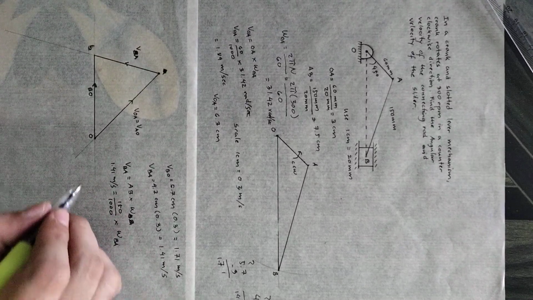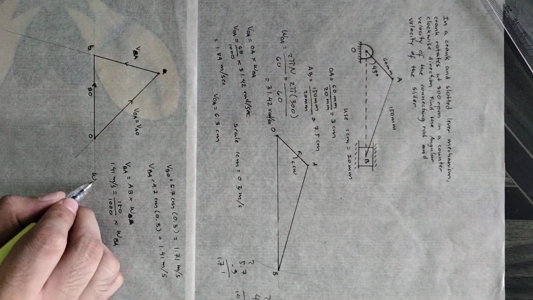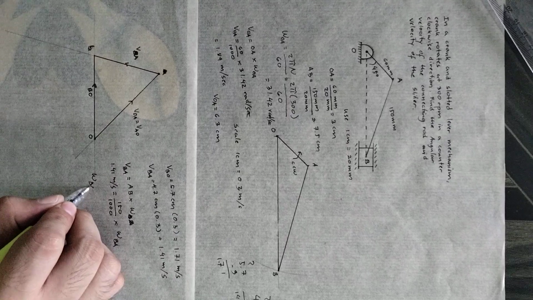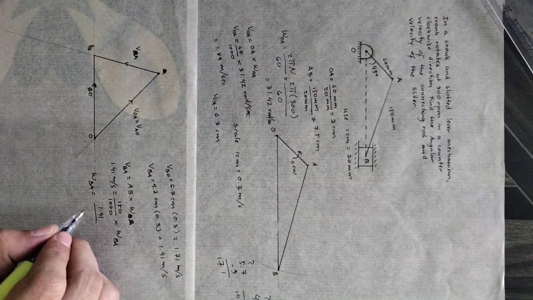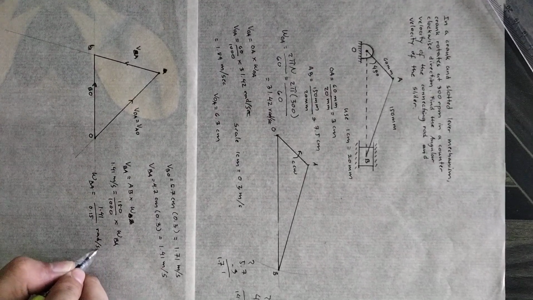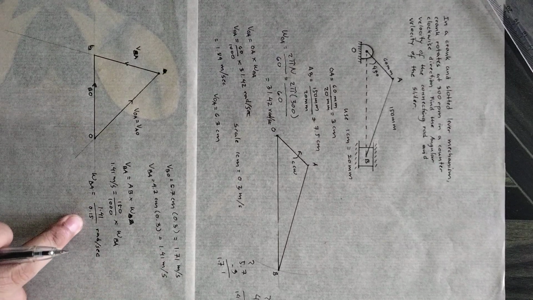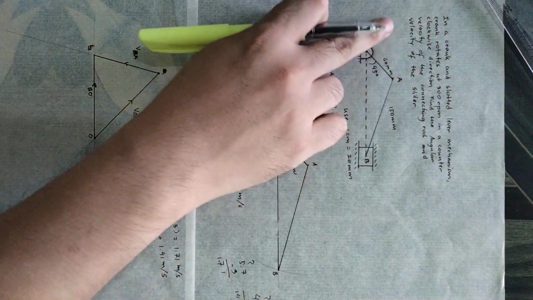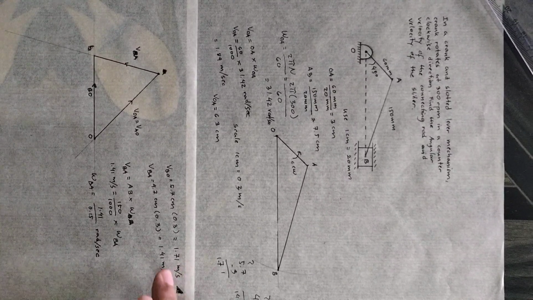So therefore, the angular velocity of BA is just equal to 1.41 divide 0.15 rad per second. I leave this to you guys to solve the value. Then the velocity of the slider is equal to 1.71 meter per second because it is already a linear speed. Okay, so this is the answer.